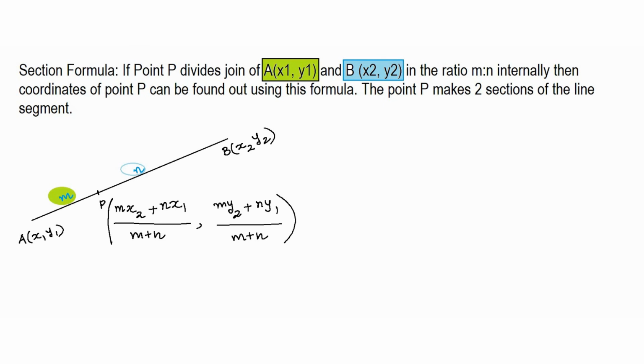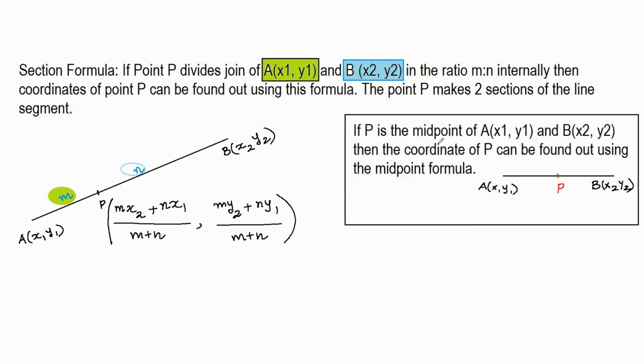Now there were two important outcomes of the section formula. One was the midpoint formula and the other was the formula for centroid of a triangle. So if P is the midpoint of the line segment joining A and B, then the coordinate of P can be found out using the midpoint formula.